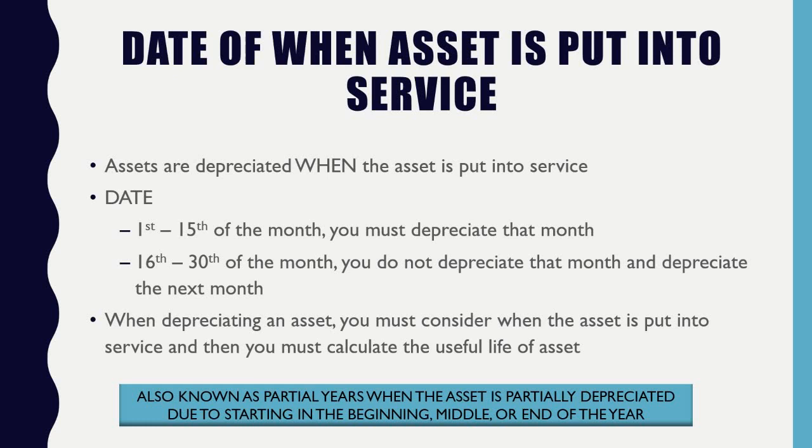If you place into service from the 16th through the 30th or 31st of the month, then you're going to choose to depreciate for the next month, because you only used it for less than 50% of the month. So when depreciating assets, you must consider the date you placed it into service, because they're like children.